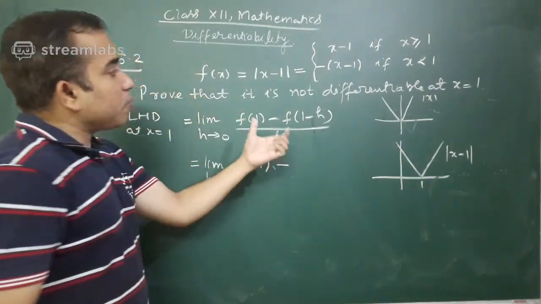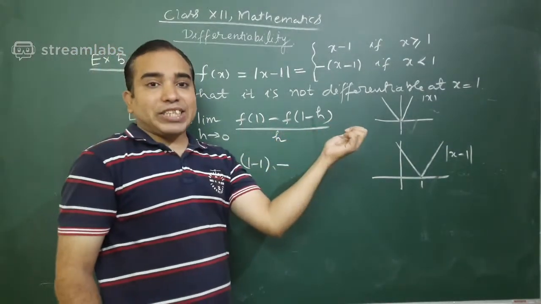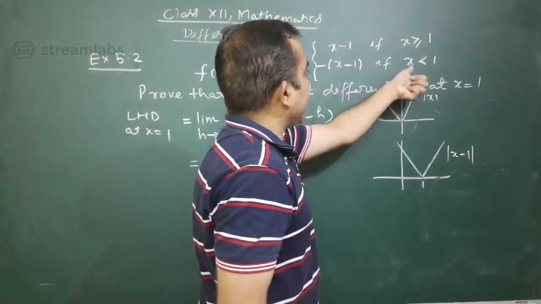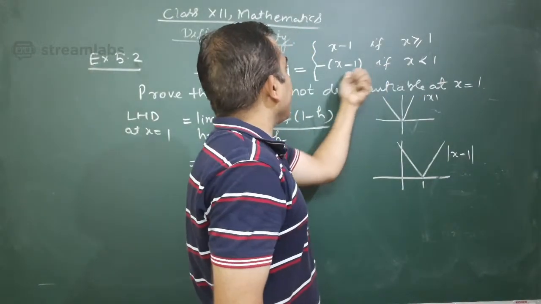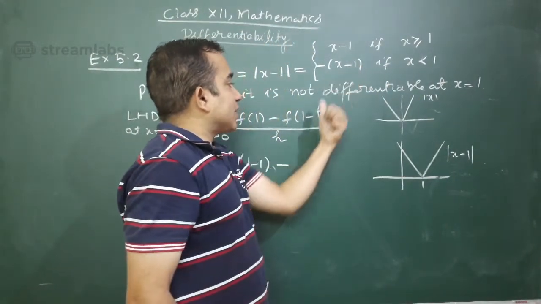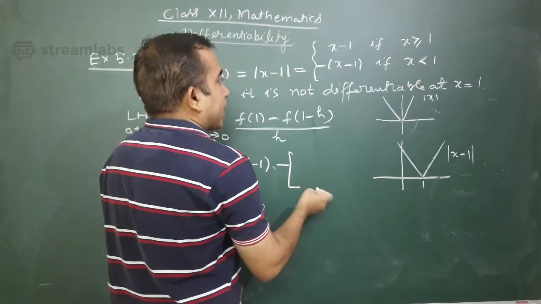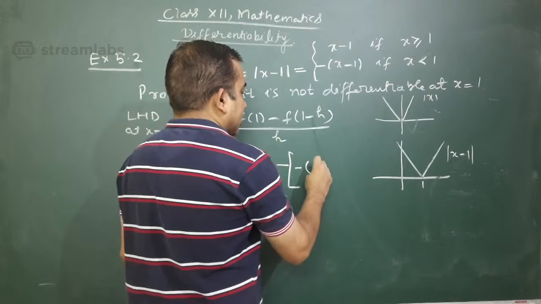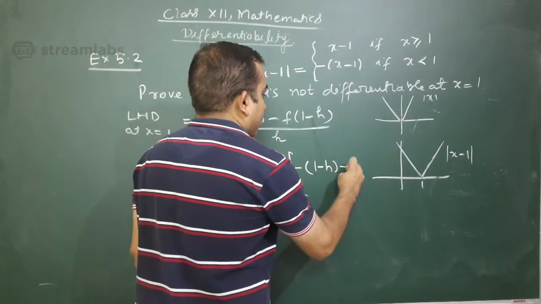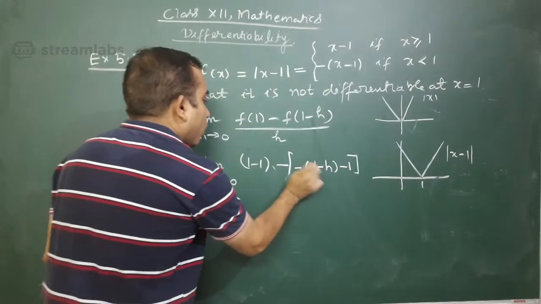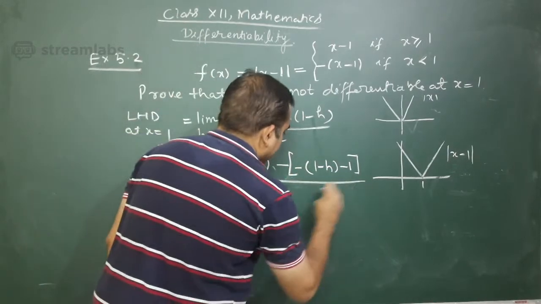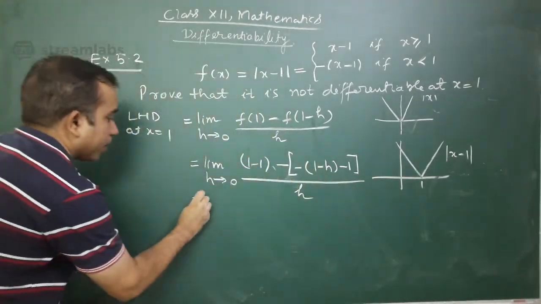Minus f of 1 minus h. So 1 minus h will be lesser than 1, so this definition will be applied, and in place of x you are going to write 1 minus h. Minus, in brackets, x की जगह पे 1 minus h minus 1, and whole divided by h. Simplify.